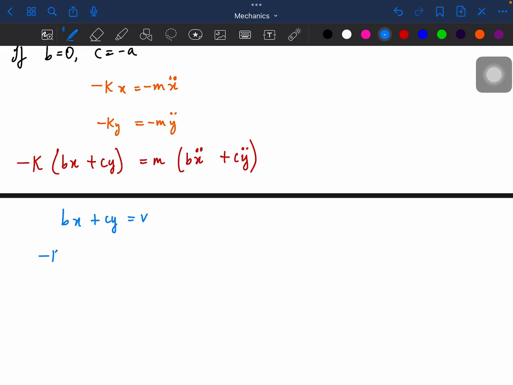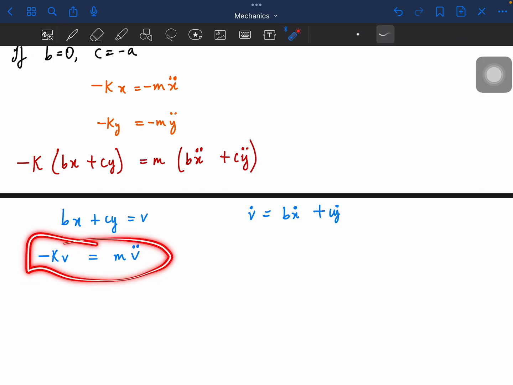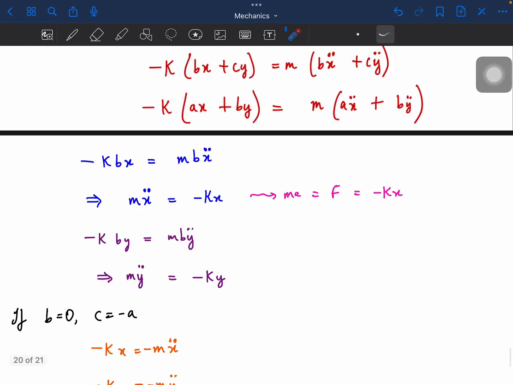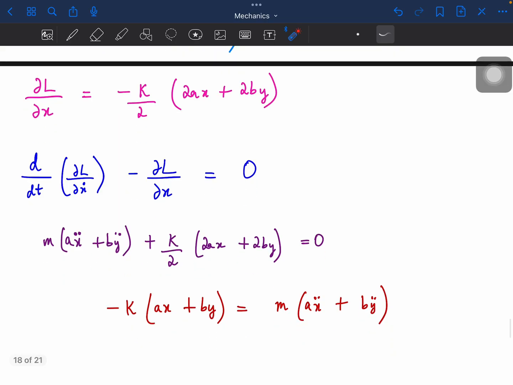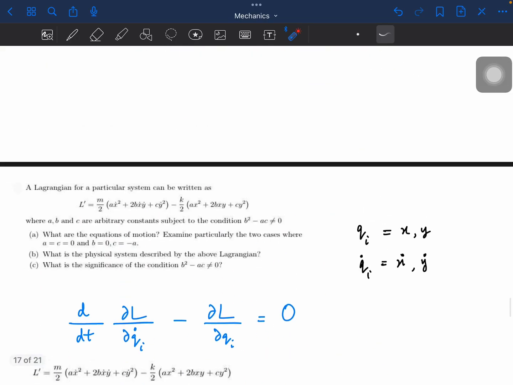So it will be minus kv is equal to m times v double dot, where v dot will be bx dot plus cy dot, and similarly v double dot will be bx double dot plus cy double dot. Now, as you can see, this is also the same simple harmonic motion, or harmonic oscillator equation. So this Lagrangian represents the equation of a harmonic oscillator. Okay, so this part is also done.